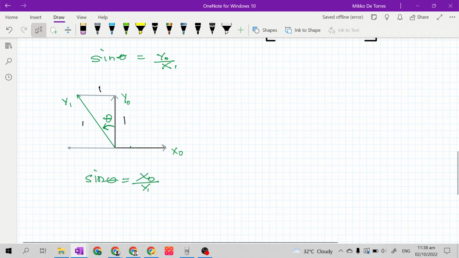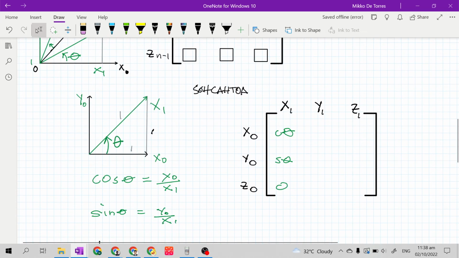But because y sub 1 is at the negative side, we will have a negative x sub 0 over y sub 1. So let's bring the negative sign to the trigo function.